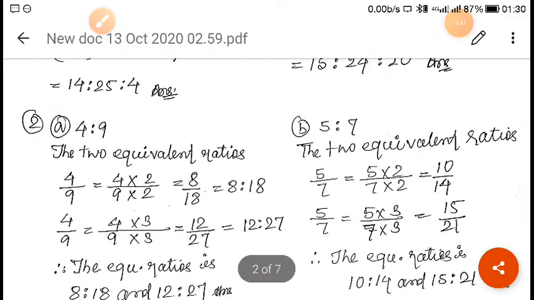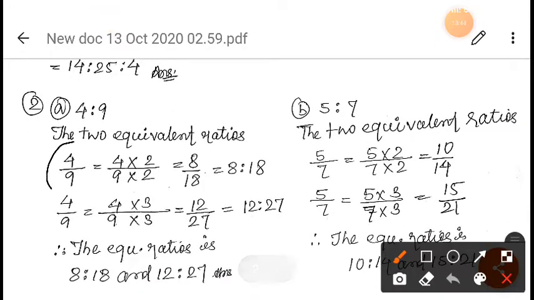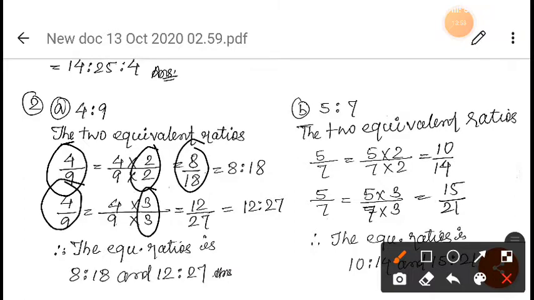First of all, we have to write this as 4/9. First we multiply this by 2/2, and after that we multiply by 3/3. When we multiply by 2/2, 4 becomes 8 and 9 becomes 18, so 8/18. After that, when you multiply this with 3/3, you will get 12 is to 27, 12 by 27.